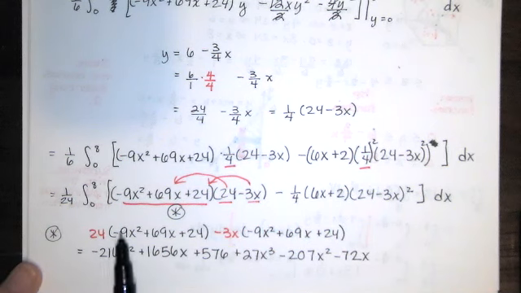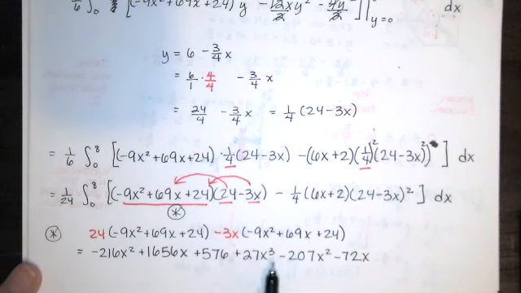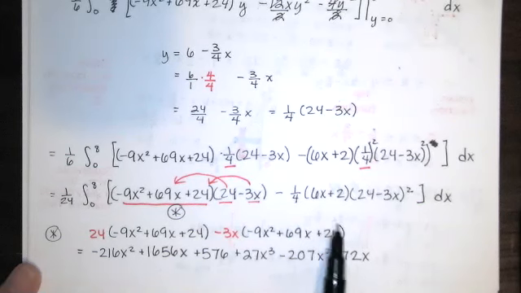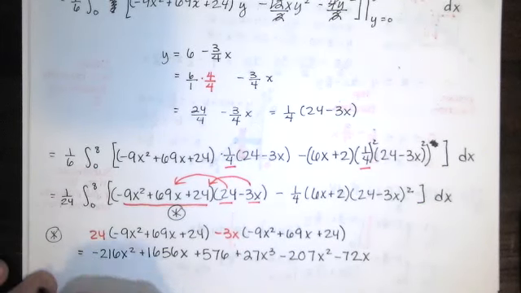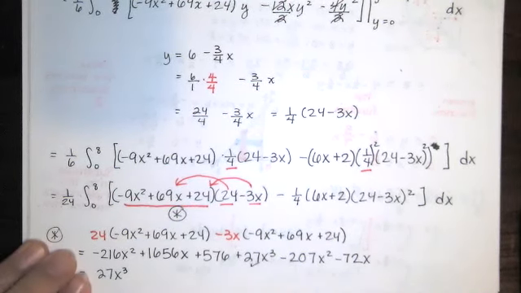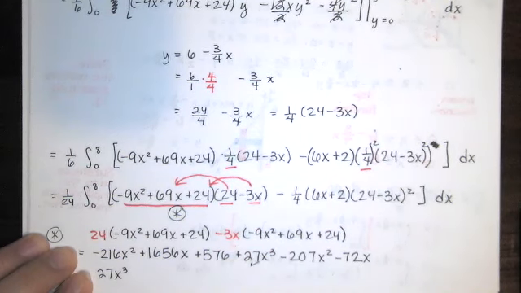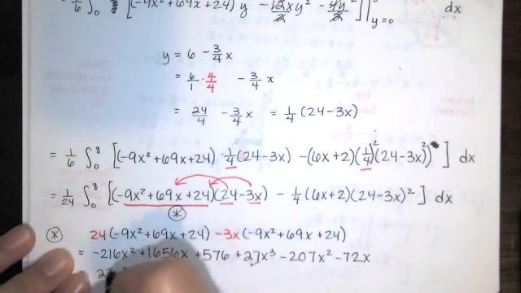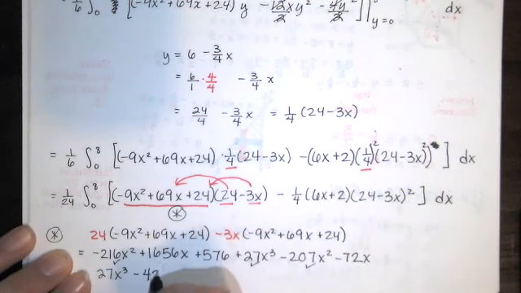Okay, let me make sure. It's an x squared term, an x term, and a constant term, an x cubed term, an x squared term, and an x term. Okay, so that looks good. Let's reorder those. Put my cubic function first. And then I've got my two squared terms. So I've got 216 and then a 207. So that's minus 423x squared.